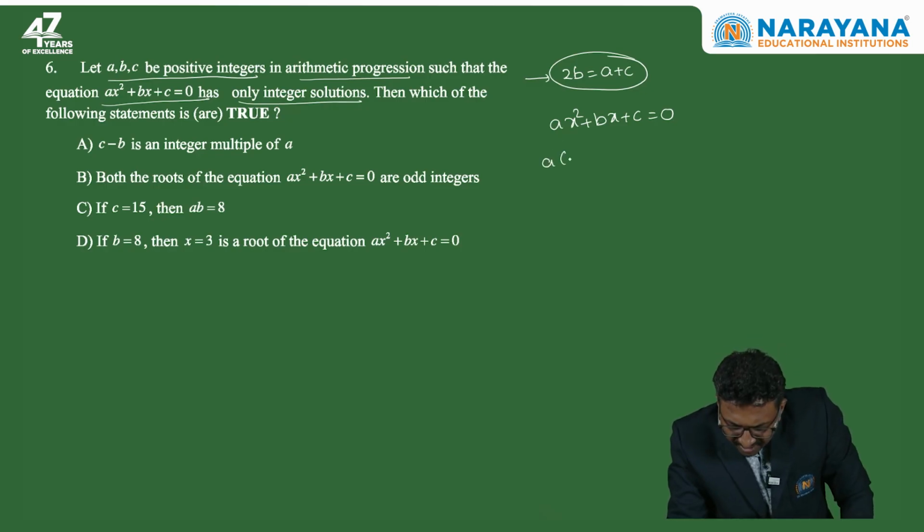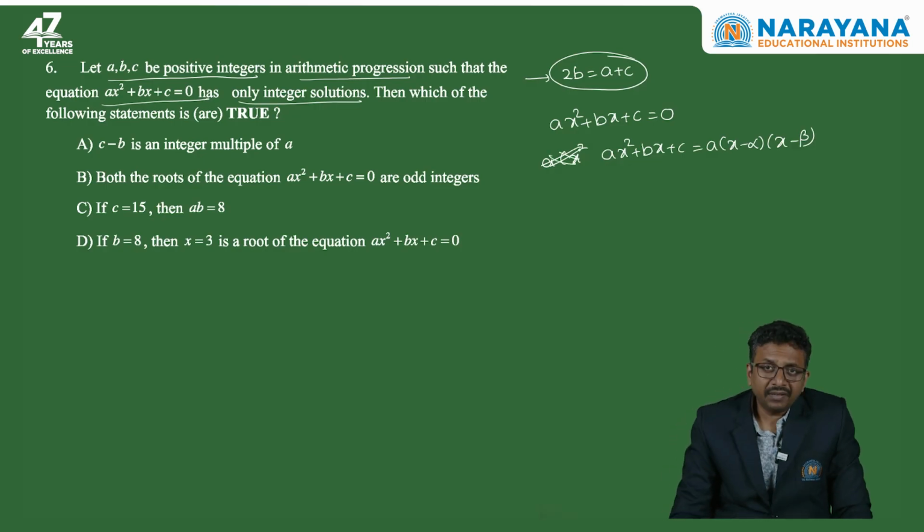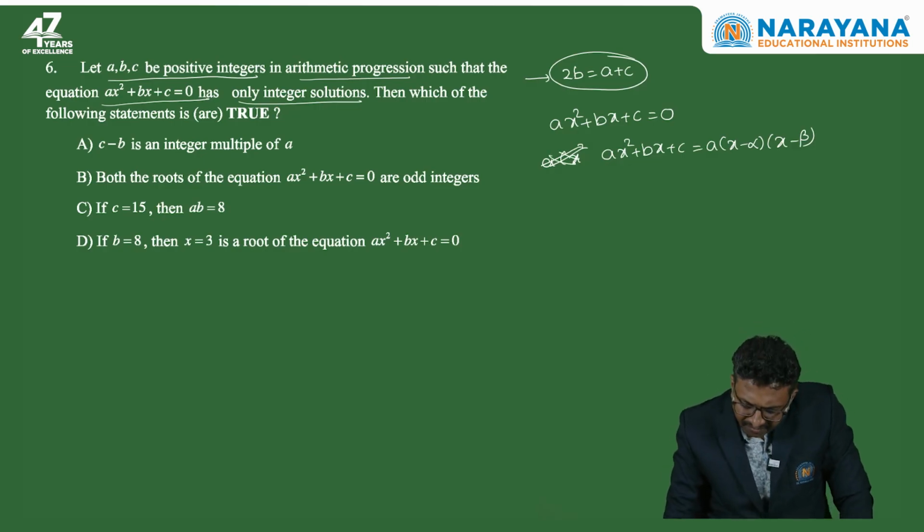So I think we can write ax square plus bx plus c is equal to a times (x minus alpha) into (x minus beta). This is one way in which we can go forward. We can start solving. Otherwise, we can go for sum of the roots and product of the roots.